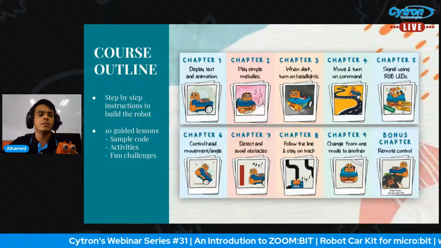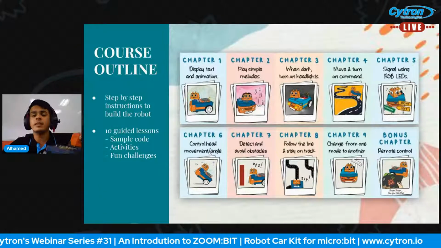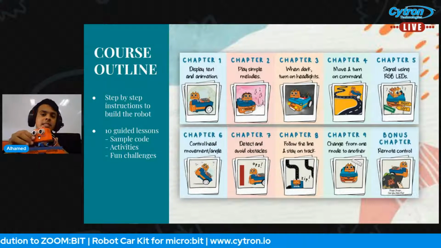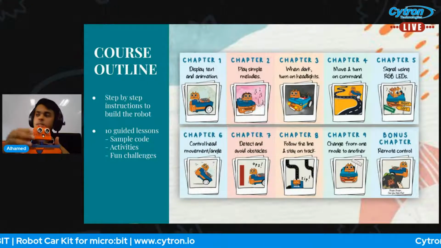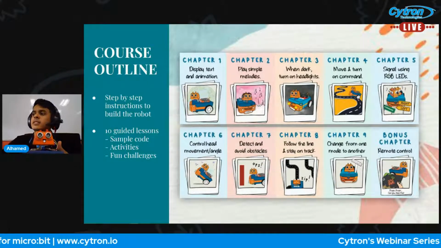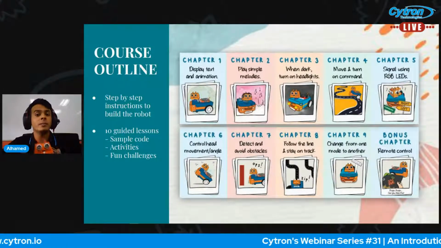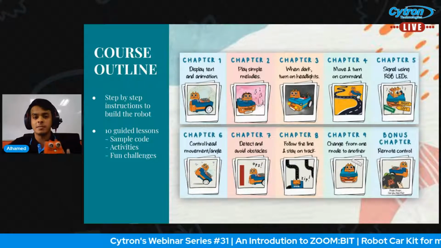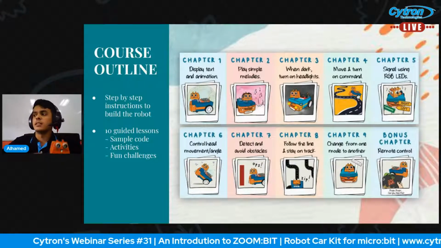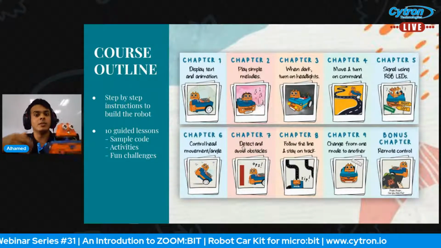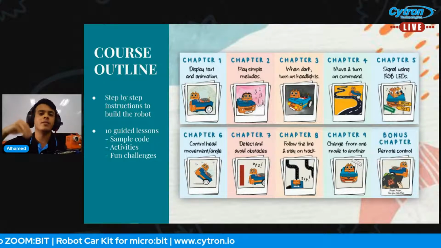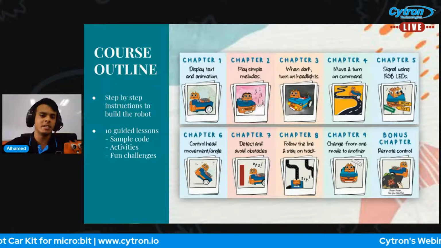In chapter 6, you will learn how to use the servo motor to change the direction of the robot head. In chapter 7, you will program ZoomBit to detect and avoid obstacles. Chapter 8 shows you how the ZoomBit can follow the line and stay on track.